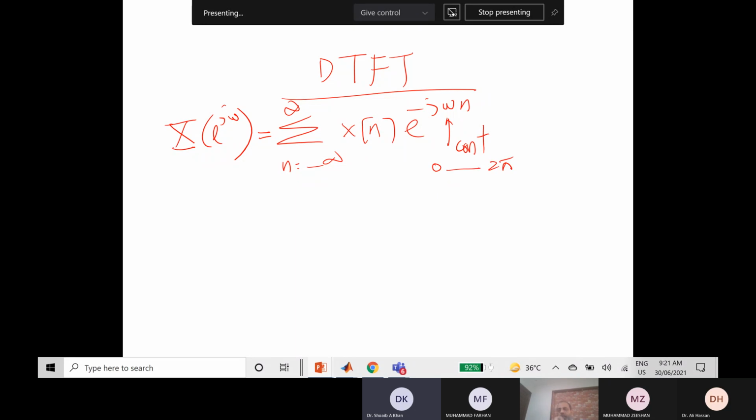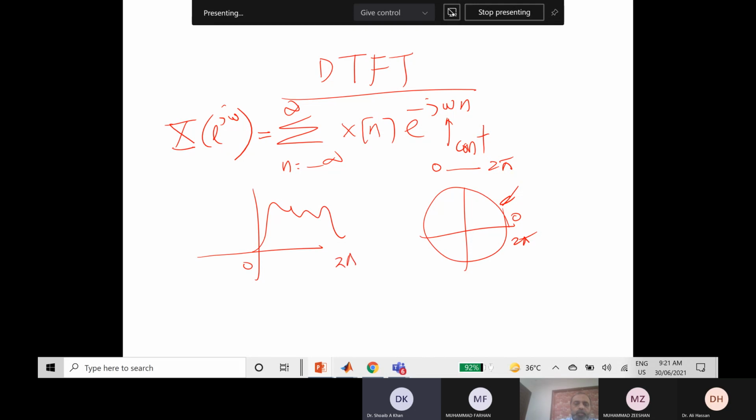If you are looking into the Z transform, it is the unit circle which goes from 0 to 2 pi. And if we are looking at a particular plot, then it is 0 to 2 pi or minus pi to pi, because it's going to be periodic. So it's up to you whether you want to consider minus pi to pi or 0 to 2 pi.